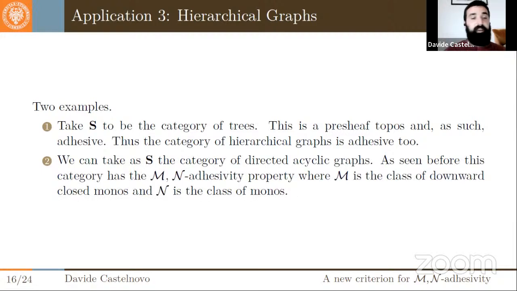Another example, we can take as S the category of directed acyclic graphs. We have just seen that this category has some kind of M,N-adhesivity property, in particular an adhesivity property with respect to the class of downward closed monos and all monos. So the category of hierarchical graphs in which the edges are organized as a DAG inherits this kind of adhesivity.